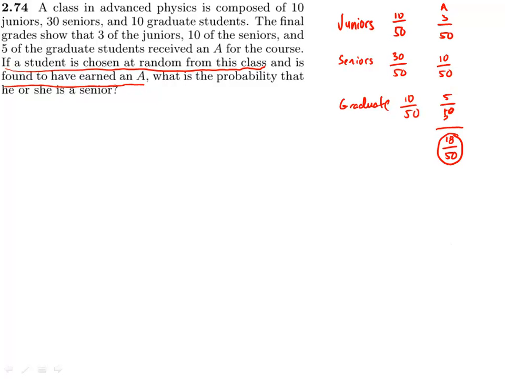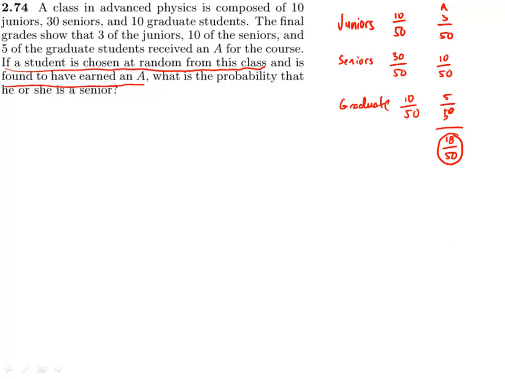Okay, so the question again is the probability. If a student is chosen at random from this class and is found to have earned an A, what is the probability based on this information? So from this list we know from juniors, seniors, and graduates how many of them got A's out of the 50, right?